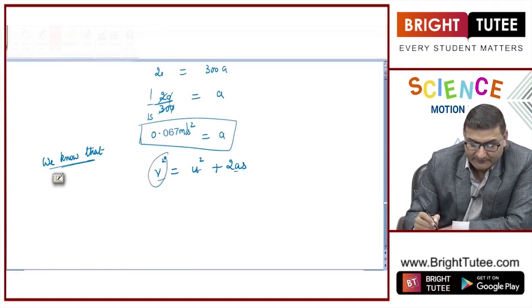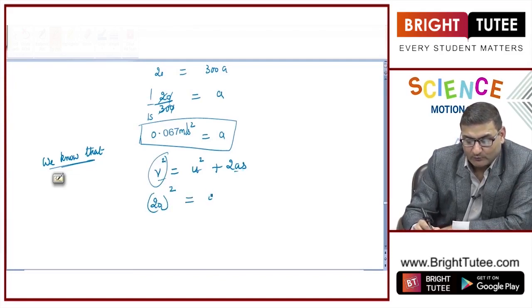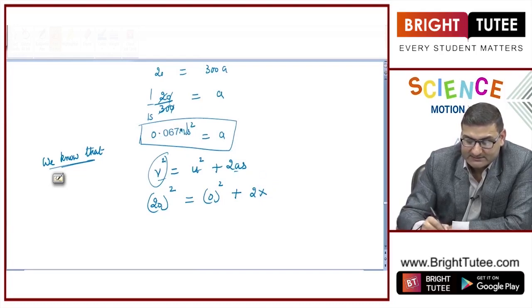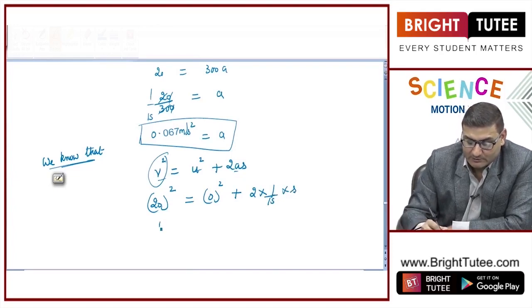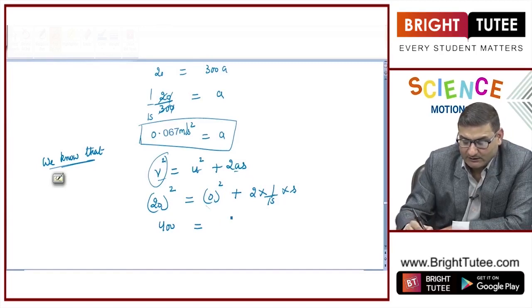Now, v is 20 meters per second, u given to us in the question was 0, plus 2 into a, which was 0.067 or 1 by 15. Let us take it to be 1 by 15, multiplied by s. So, this comes out to be 400 is equal to 2 by 15 into s.